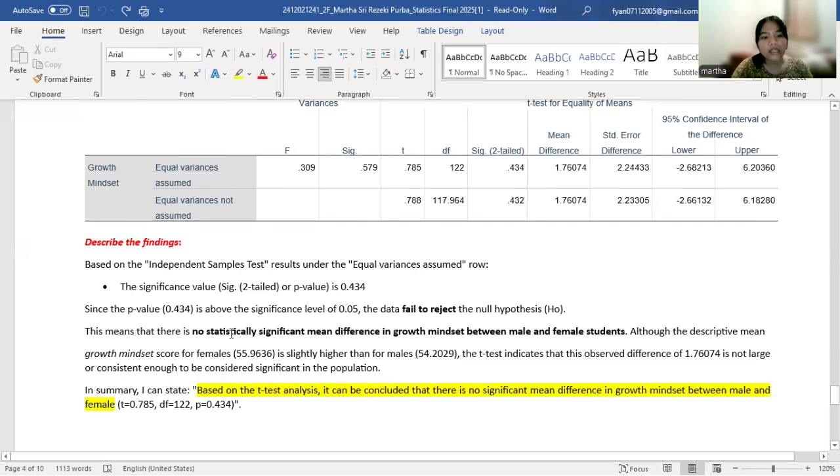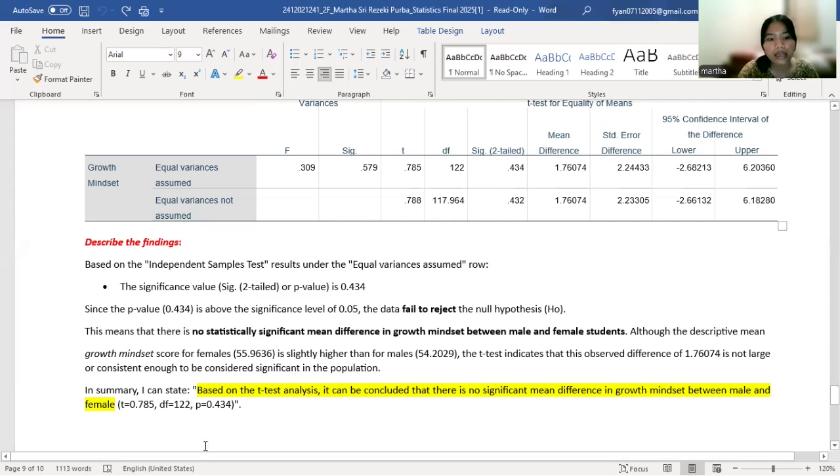The significance value is 0.434. Since the p-value is above the significance level of 0.05, the data failed to reject the null hypothesis, or the H0.